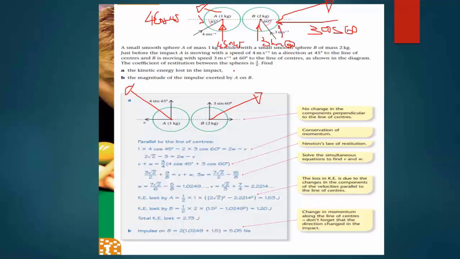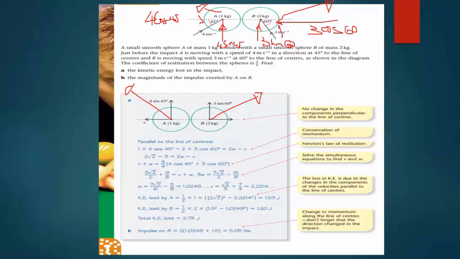So our question here is to find first the velocities after collision, because we don't have the velocities after collision. So we are supposed to find the velocity after collision first before we find the energy lost in the moment of impact.